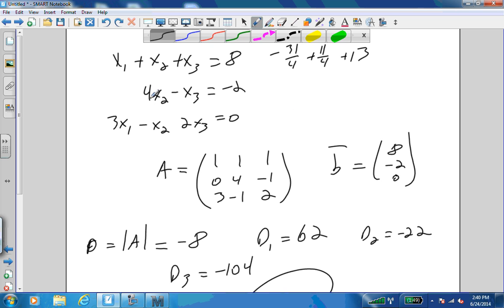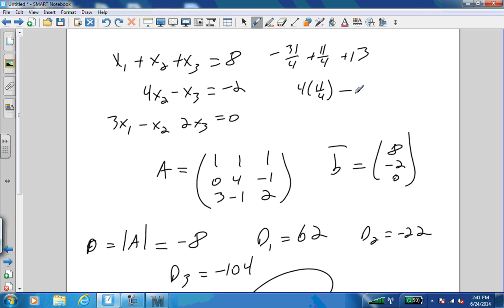We do the second one, 4 times x of 2. This is x of 2, so 4 times 11 fourths minus x of 3. 11 minus 13, yeah, that's negative 2. And I would suspect it also works for the third one. So those are both good illustrations of Cramer's rule.